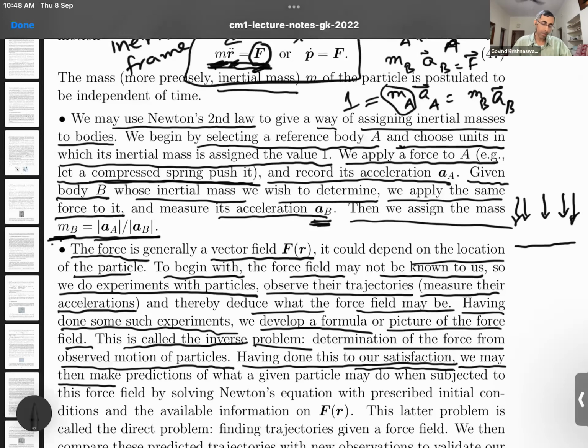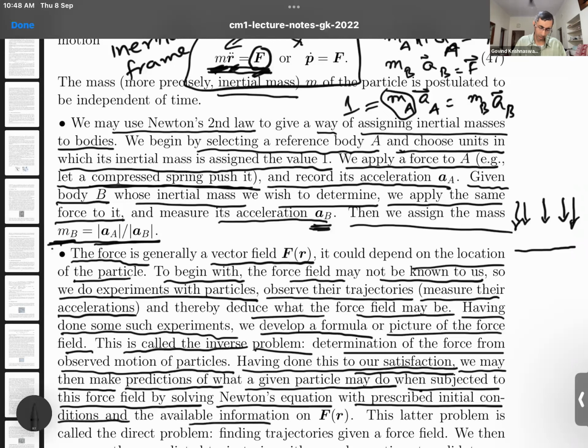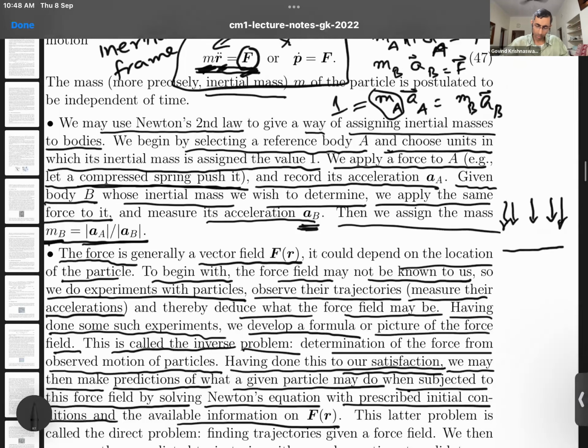Now we utilize Newton's second law for the force field which we have determined to make predictions of what a given particle may do when subjected to this force field by solving Newton's equation, with prescribed initial conditions and the available information on the force field. So now we have found the force field in our region of interest. So it may point something like this.